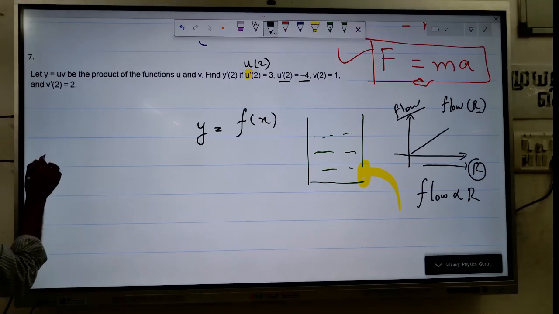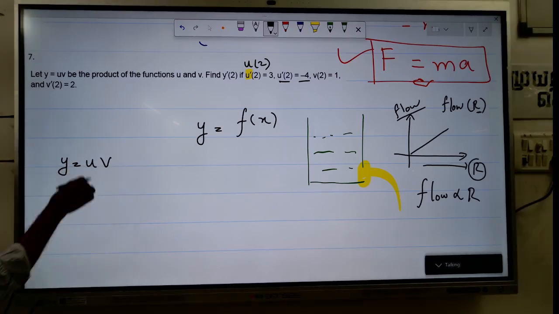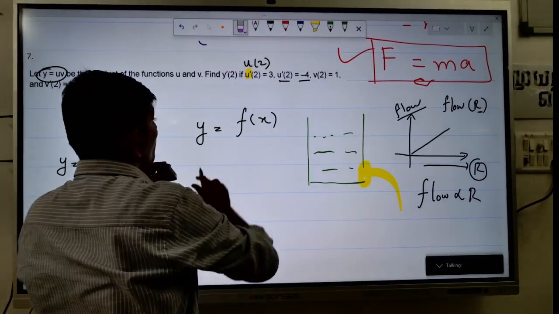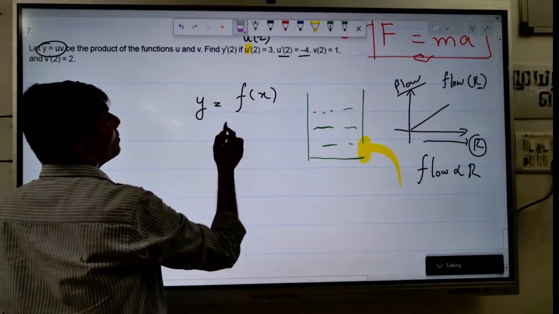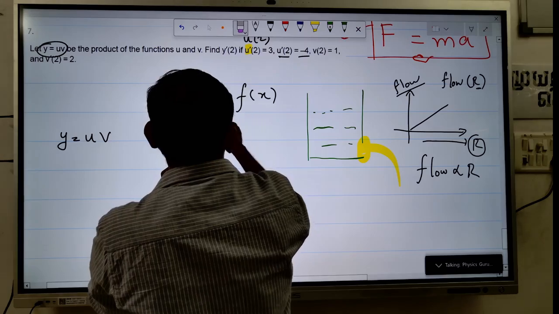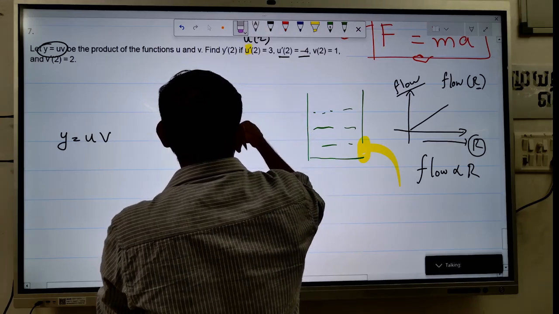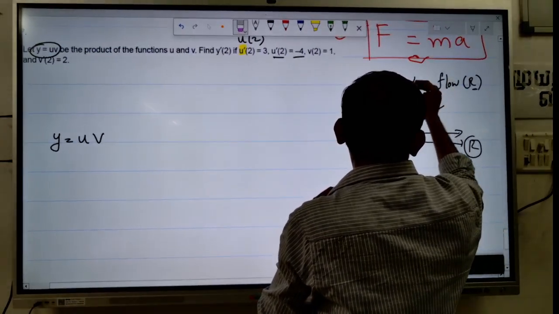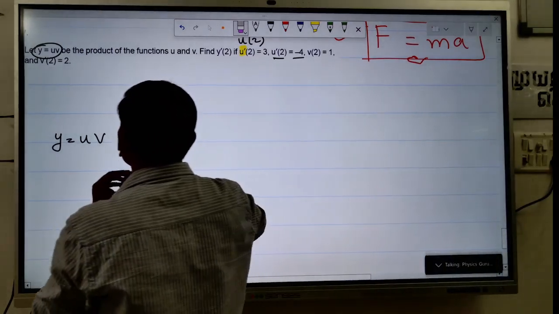Okay, first let's write y is equal to uv. That's the function they have given. Have you taken it? One moment. Come here.